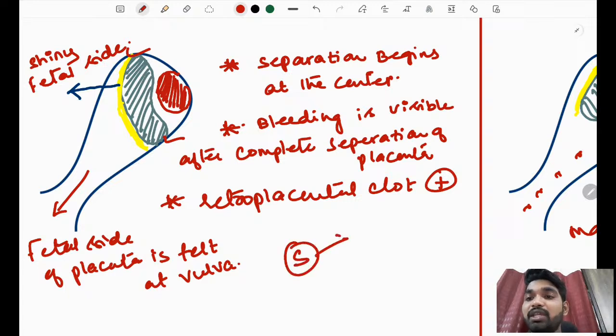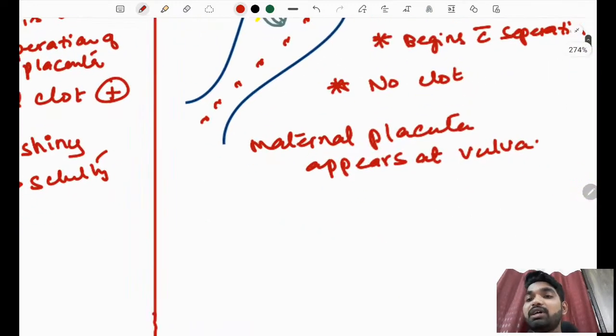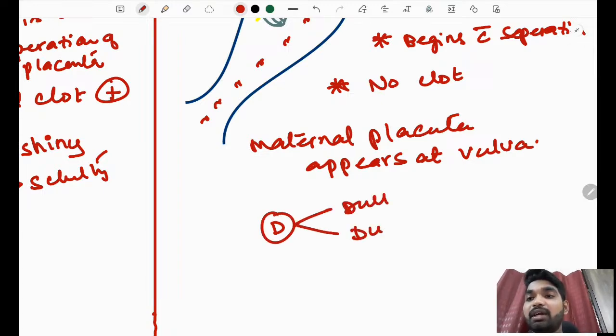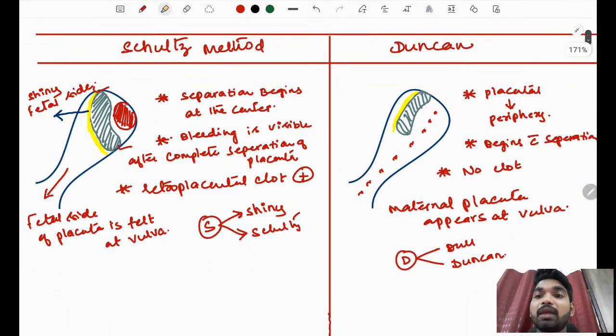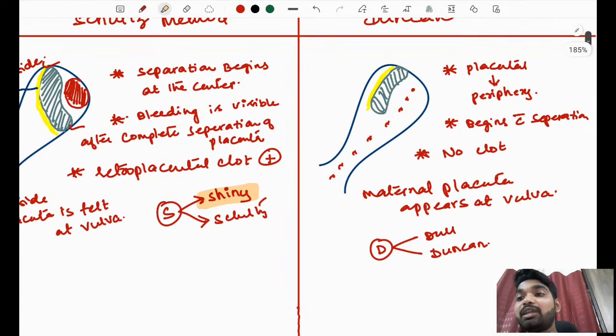So S for shiny, S for Schultz method. Similarly, D for dull, D for Duncan method. So in Schultz method, the shiny fetal side of the placenta will appear at the vulva, that is the vaginal opening. Whereas in Duncan method, the dull maternal side appears at the vaginal opening, right?